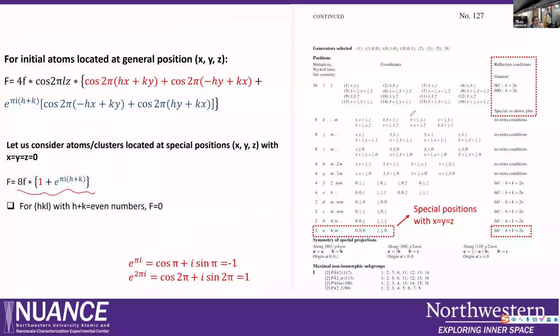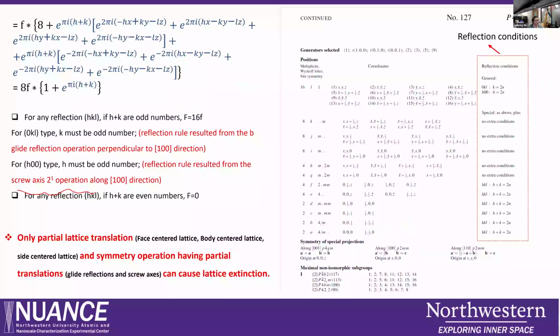That's why in the International Tables you will see this is a reflection condition for the general location, and this is for some special location. So actually, the 0KL type is related to the reflection rule resulting from a glide plane.